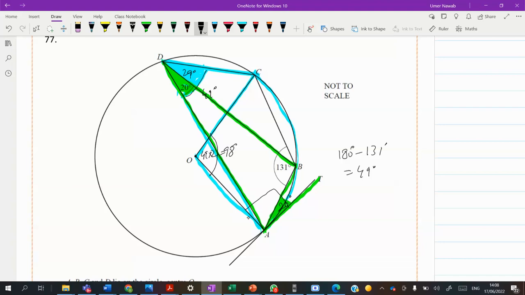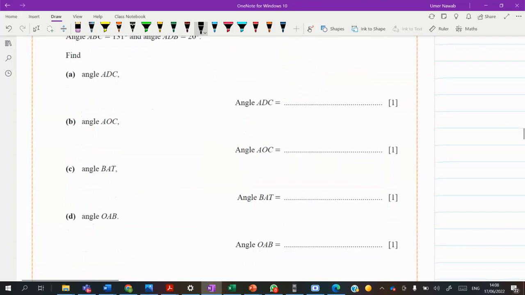Why? Because the radius and the tangent make 90 degrees with each other. So 90 minus 20 gives you 70 degrees. Any other thing required? I think we are done. So let me copy the angles: 49, 98, 20, and 70 degrees.